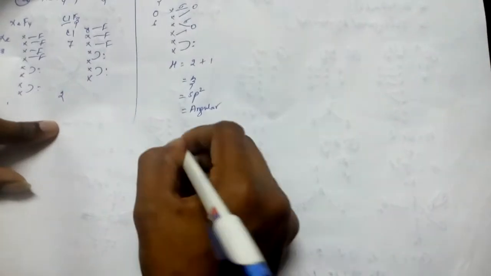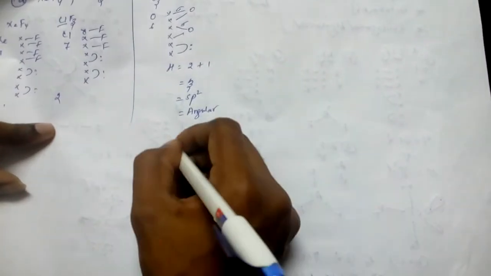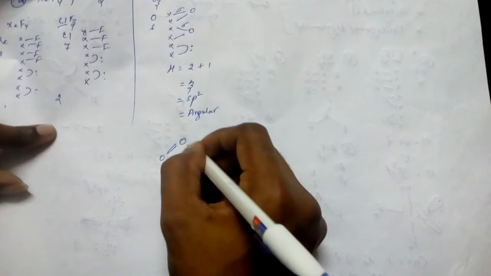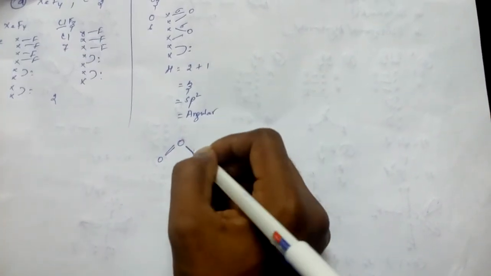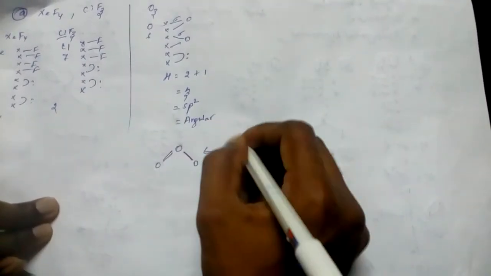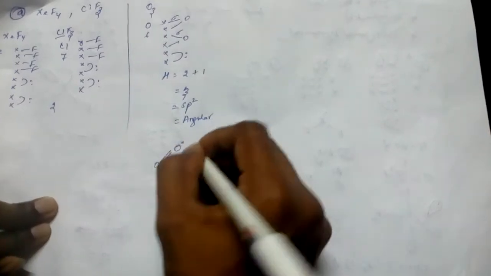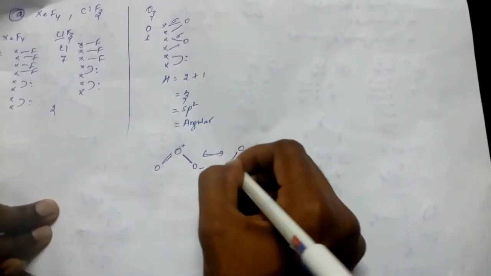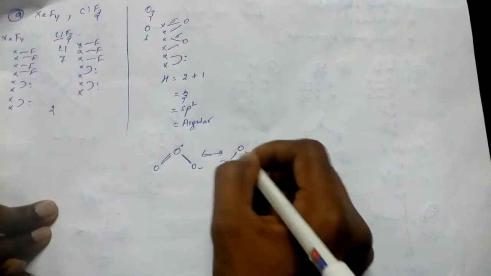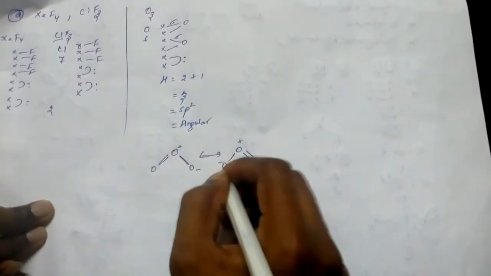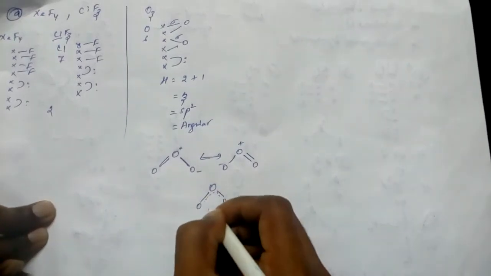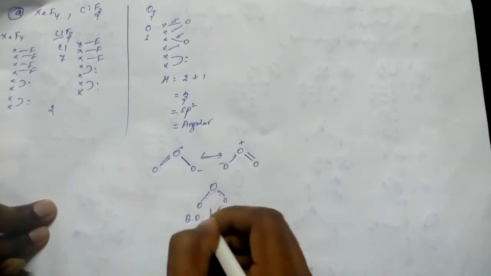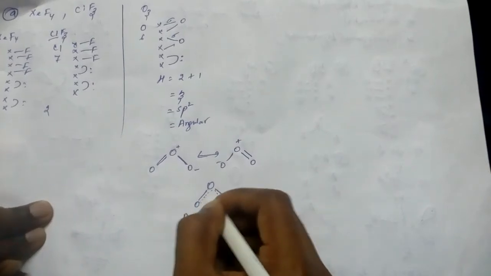We can check the structure like this. Here one bond is a double bond. Because it is a resonance structure, it shows that one oxygen is positive and another is negative, and the bond order is also different. The bond order for this oxygen bond in the ozone molecule is 1.5.